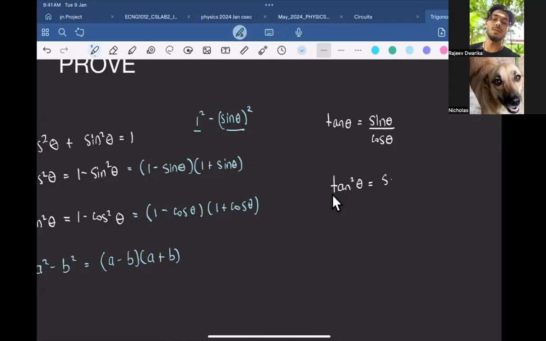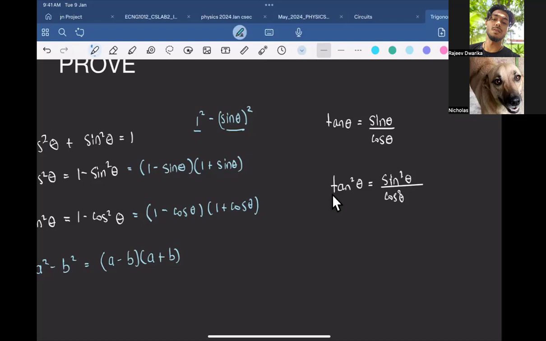Think about it in a common sense manner. If tan theta is equal to sin theta over cos theta, what do you think tan squared theta will be? Sin squared theta over cos squared theta. Yes, that's it.